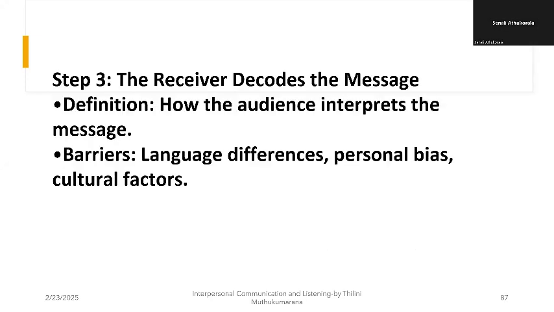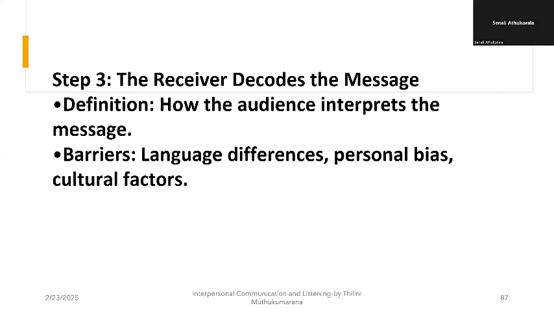Okay. So the third step in that human communication process is the receiver. After the sender sends the message clearly through a channel, the receiver decodes the message. And what do you mean by decoding the message? It means how the audience understands and interprets the message.